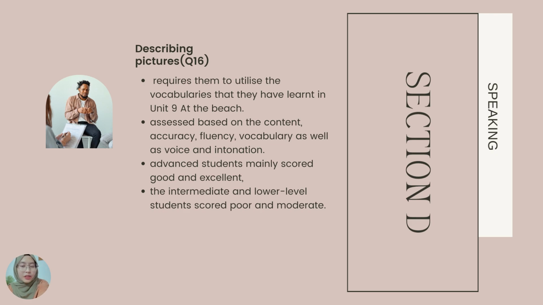From the test, the advanced students mainly scored good and excellent, while the intermediate and lower level students scored poor and moderate. In order to reduce the gap between the lower level and advanced students, teachers should use an action-based approach and group the lower level students together to enhance their communication skill while performing a task. Through this approach, students will interact with each other and improve their speaking skill.